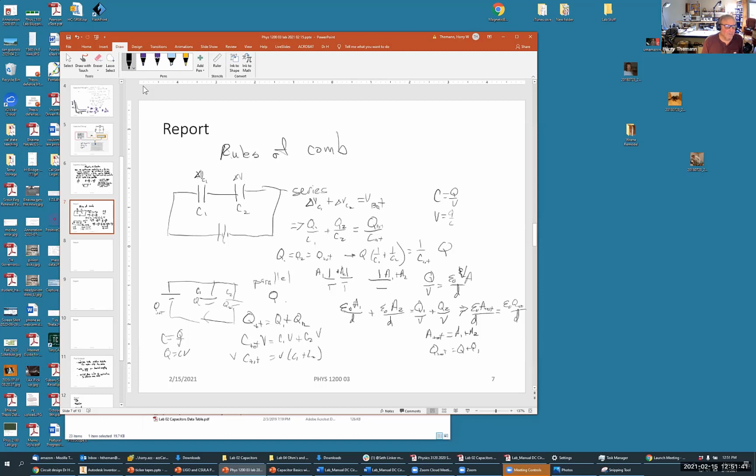Parallel, so that says V battery equals V C1 equals V C2, right? So again, this whole derivation should go in your notebook. You don't want to write all that out in a report.